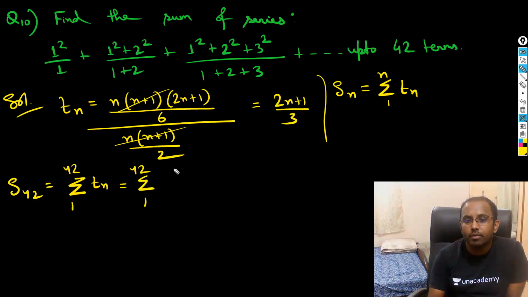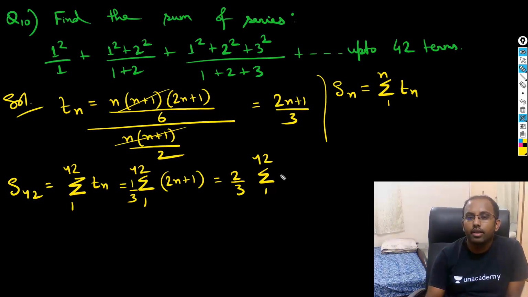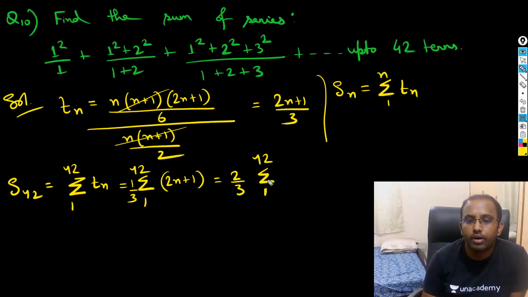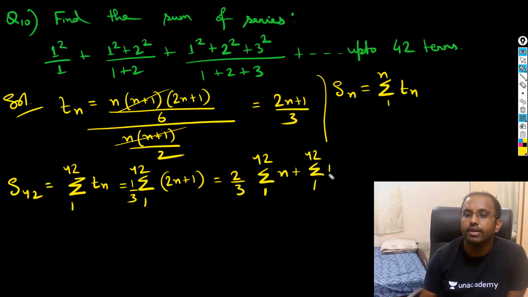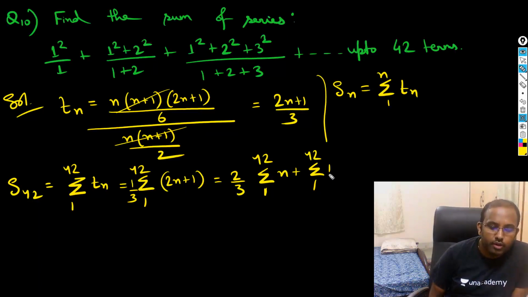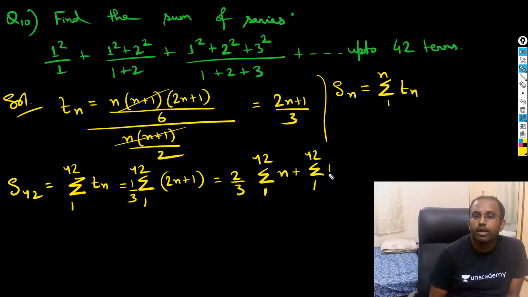So I can break it a bit, right? I can write 2n plus 1, and then 1 by 3 I can take outside. Then I can further take this outside, and this becomes 2 by 3 times the summation of n from 1 to 42, plus the summation of 1 from 1 to 42. I can break these values, and then put the value of n as 42 in the end.